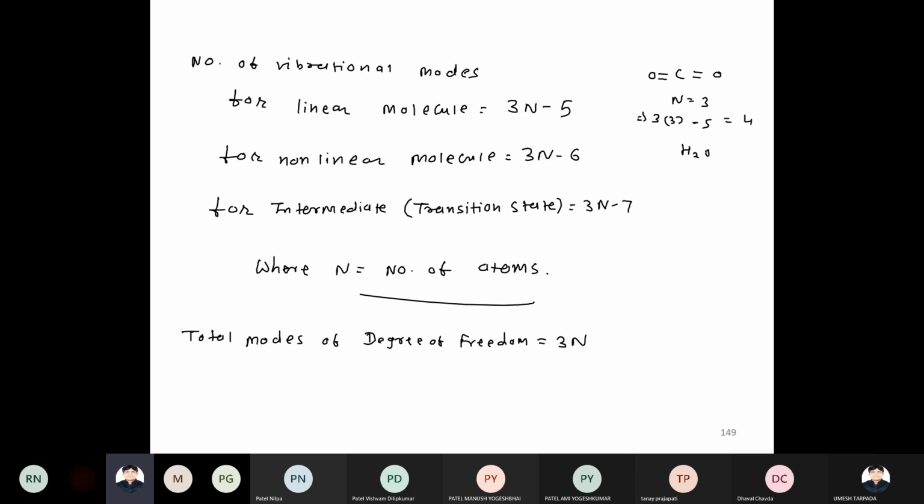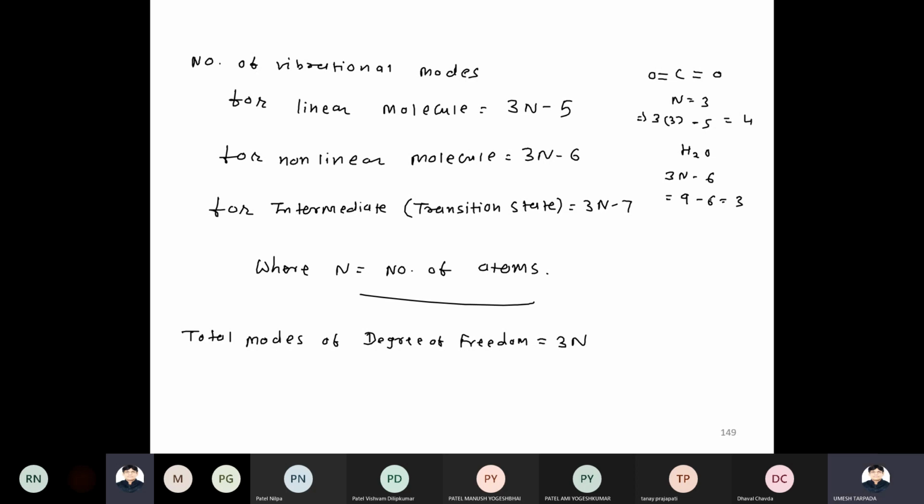For H2O: 3, good. 3n minus 6 formula is used, that is 9 minus 6, that is 3. So you can calculate vibrational modes in this way for any molecule.